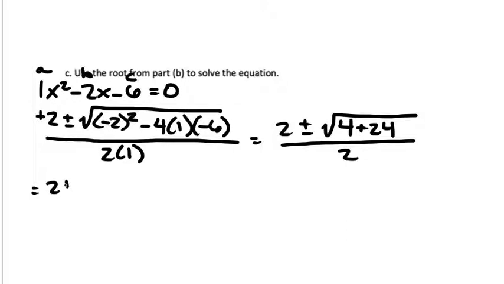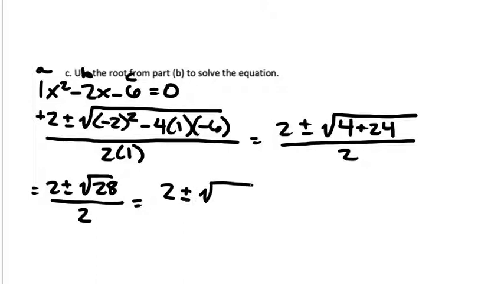So we have 2 plus or minus square root of 28 over 2. And now I need to think about if I can simplify my square root. In this case I can, because square root of 28 is the square root of 4 times 7. So that's going to simplify to 2 times square root of 7.